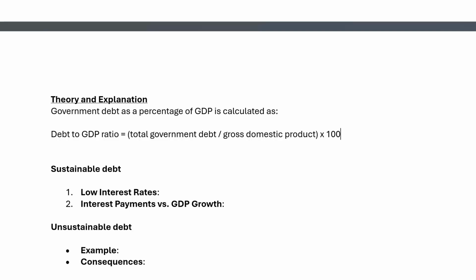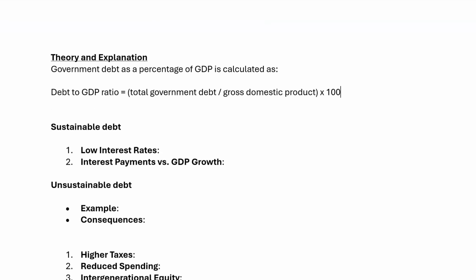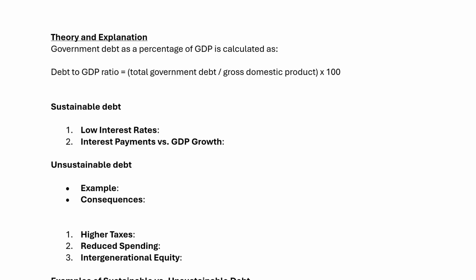So here we're defining this thing called the debt to GDP ratio, which is an important indicator of government debt. The way we calculate it is that we take the total amount of government debt that's owed, divide it by the nation's GDP, and multiply by 100.